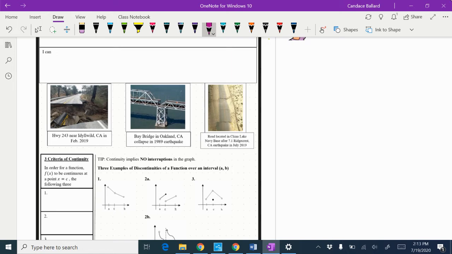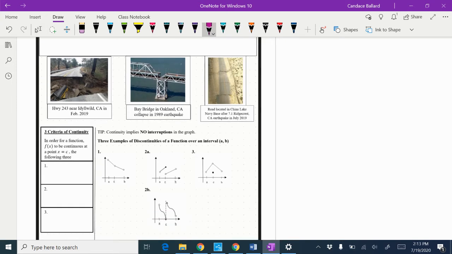The Bay Bridge in Oakland collapsed in the 1989 earthquake, so you can see the gap right there. And the road located in China Lake Navy Base after a 7.1 Ridgecrest earthquake in July 2019. You can see how it used to be a road and then is discontinuous because there's breaks and gaps in it. That one's close to home for me because I grew up in Ridgecrest and I remember having earthquakes all the time.